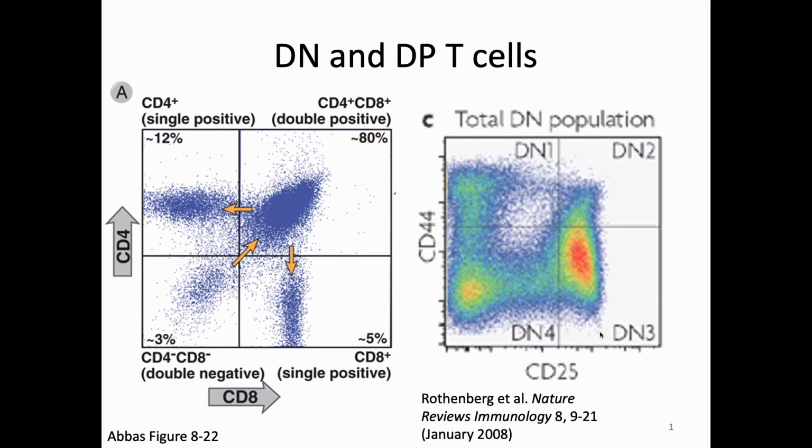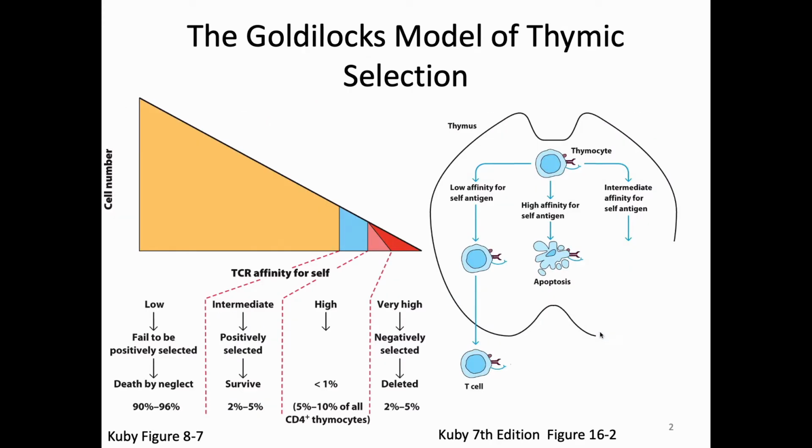So our double positives are undergoing testing for their self-reactivity, and we have these different outcomes, three of which I mentioned on Wednesday. With no signal or very low signal, the cells undergo death by neglect or fail to be positively selected, which is what happens to the majority of cells.